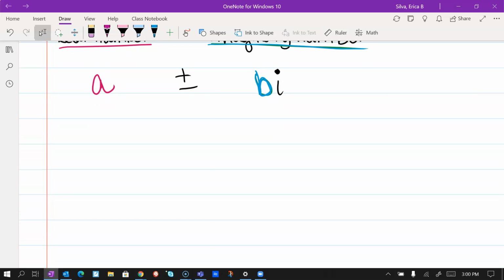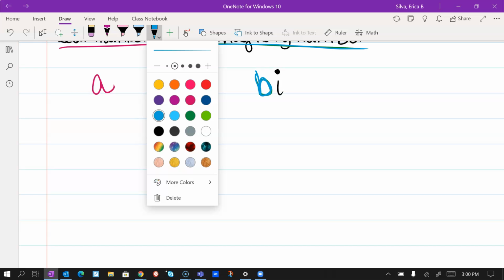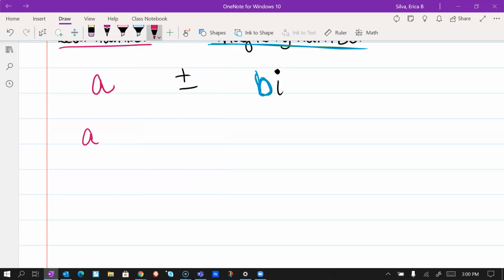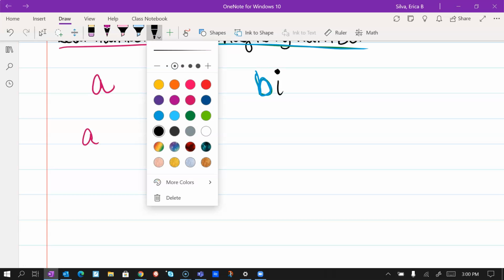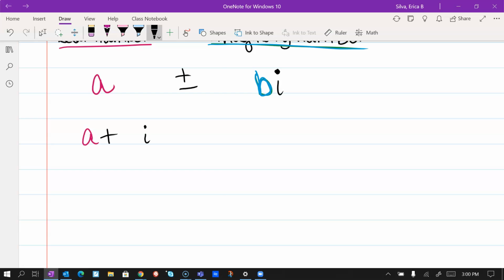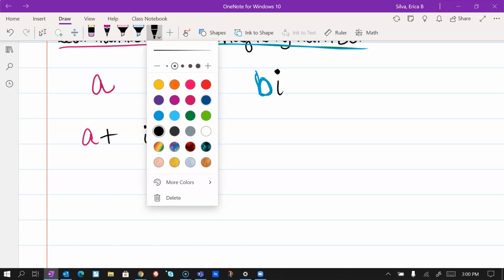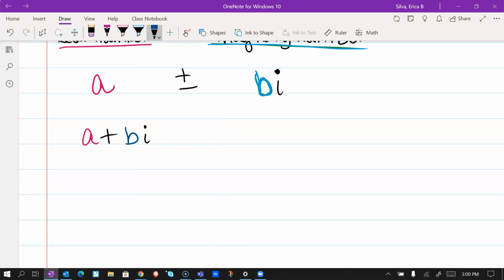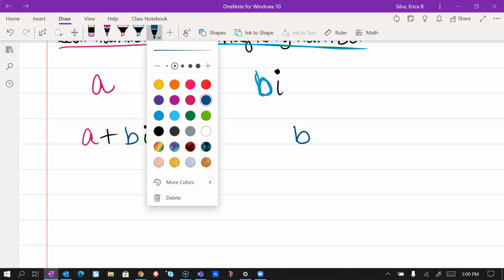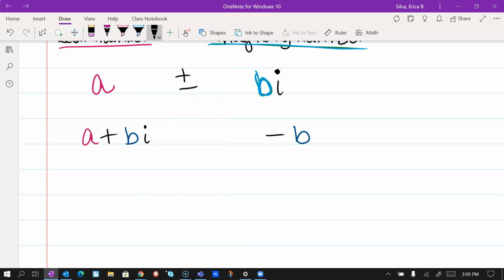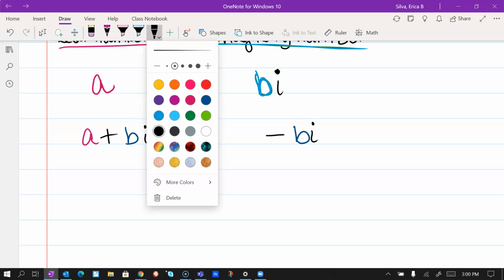And just like any other expression that we've done with plus and minus, this just means we have a plus bi and a minus bi.